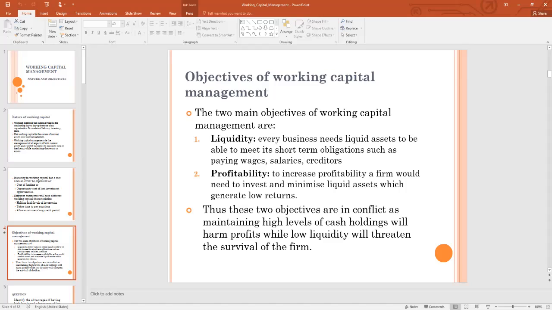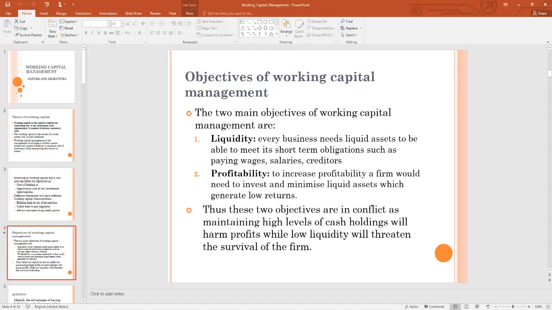So if you pursue more towards profit making, you have excess investment in non-current assets. Therefore, what happens to the liquidity? The liquidity is decreasing, because you have less in current assets. So you can see that these two objectives will be in contradiction.